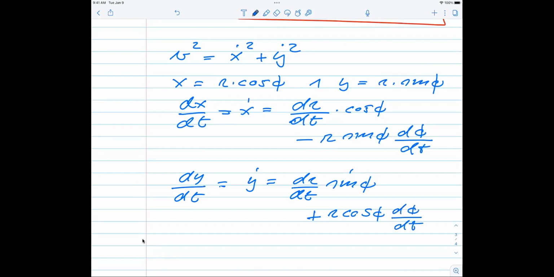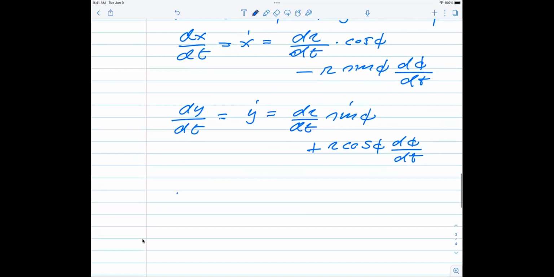And then I'm going to square these equations, because I'm going back to the velocity now. If you look at the expression for the velocity, what I have are these equations squared. So that gives me x dot squared plus y dot squared. I can rewrite this when I square these equations.